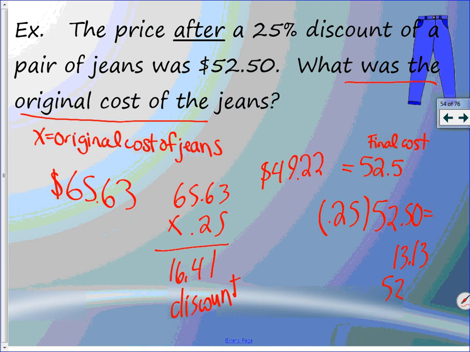So is that right? No. So what was the problem with it? It's not 25% off.